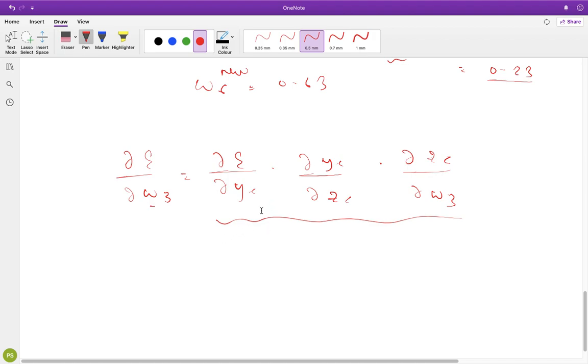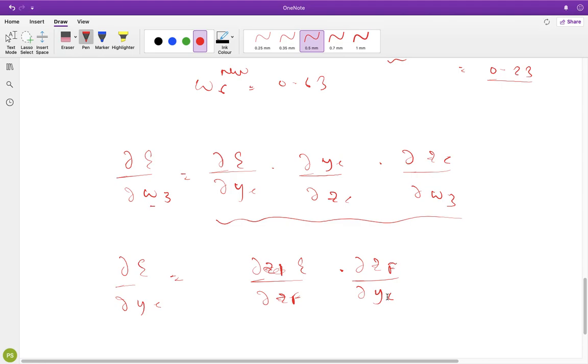In this process, what we need is dE by dyc. So what is dE by dyc? We start with dE by dzf, the output of the final neuron, and calculate dzf by dyc.